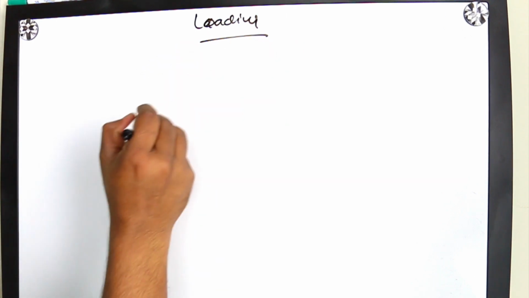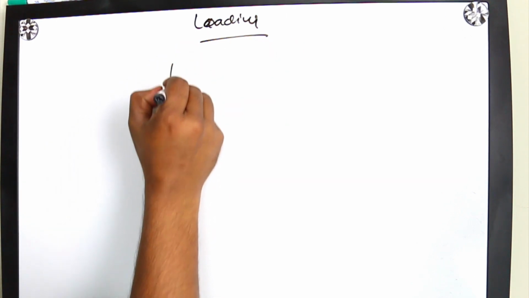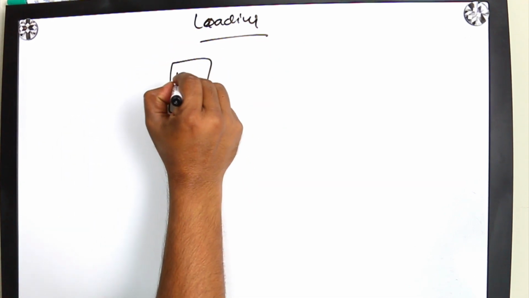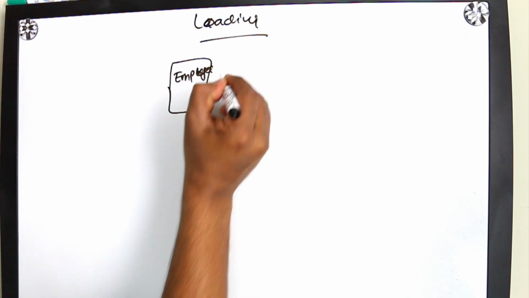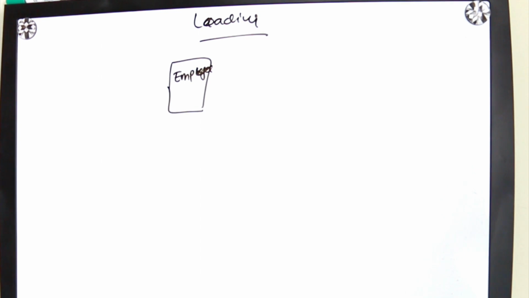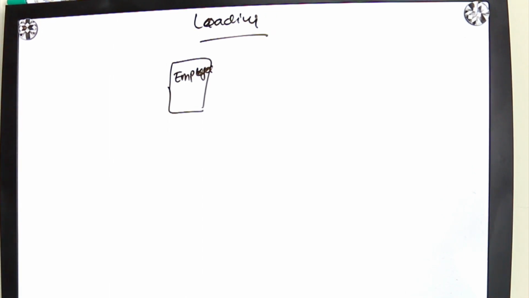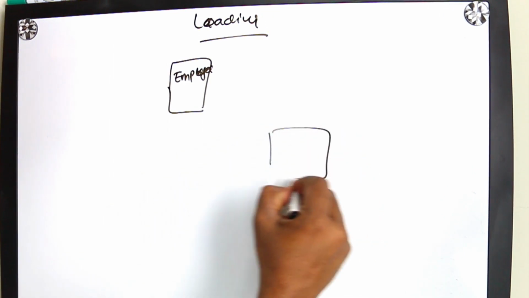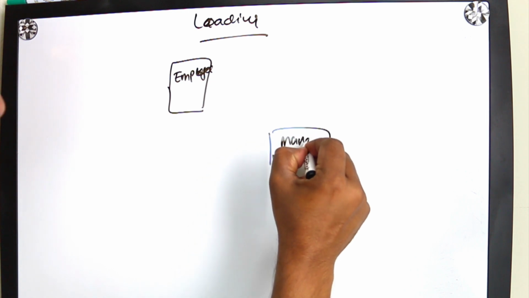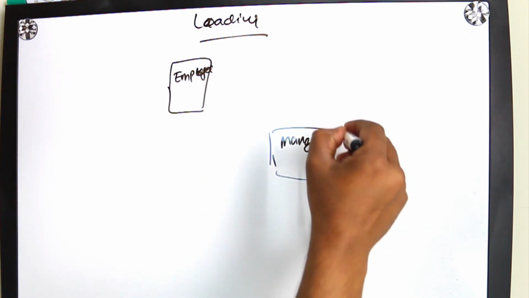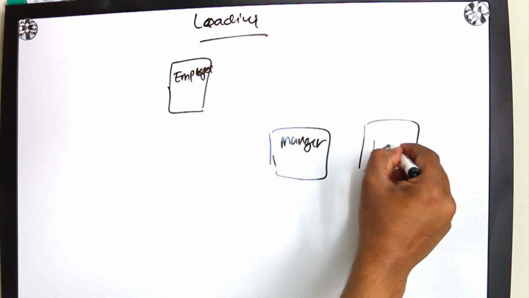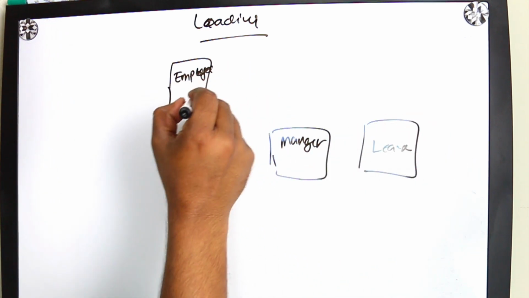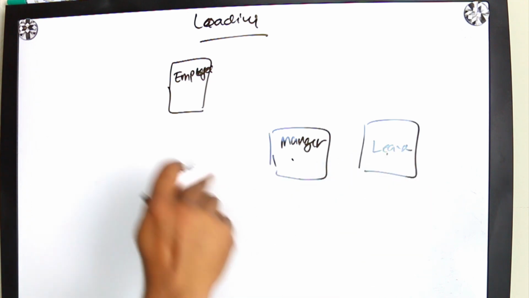Just the same, we have a class called employee. Just assume it's going to be referred to in the manager class, and there is another class for leave. Both these places will refer to this employee class.